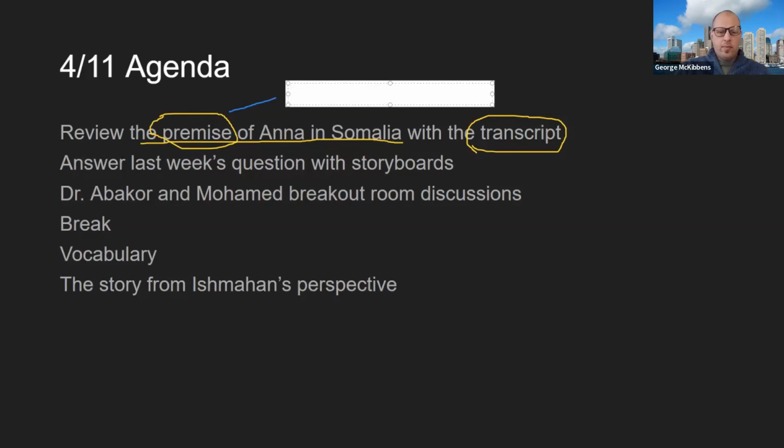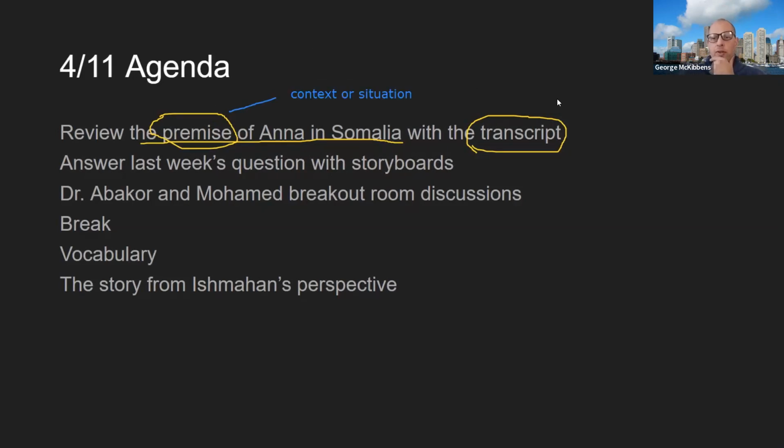It's the context or situation. Like if you're going to watch a movie or read a book, someone might say, give me the premise. Well, here's the story. So it's the context of the situation.